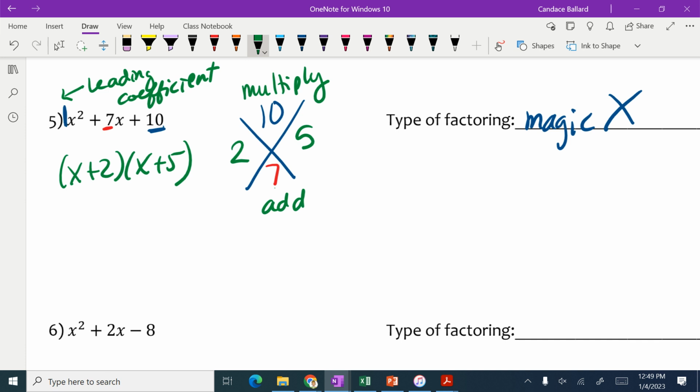Okay? All right. I want you guys to try number 6. Identify the type of factoring, and then write out and then try your magic X. Everybody try it.